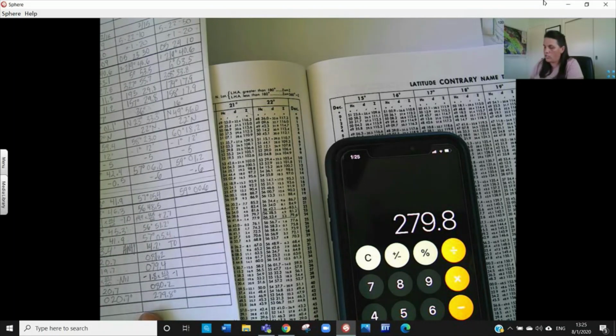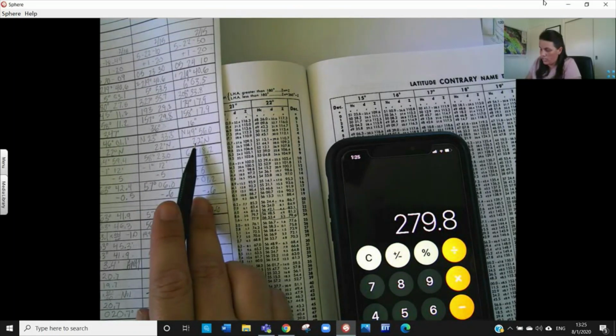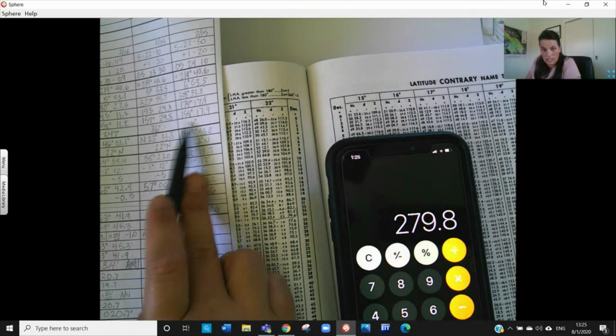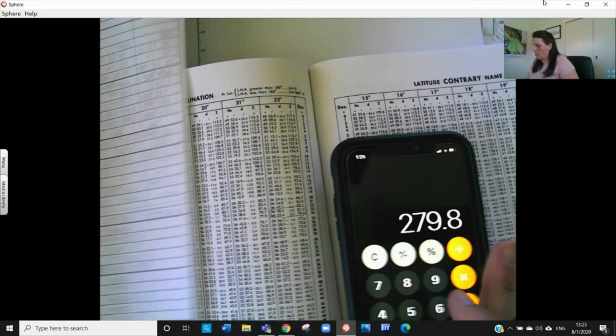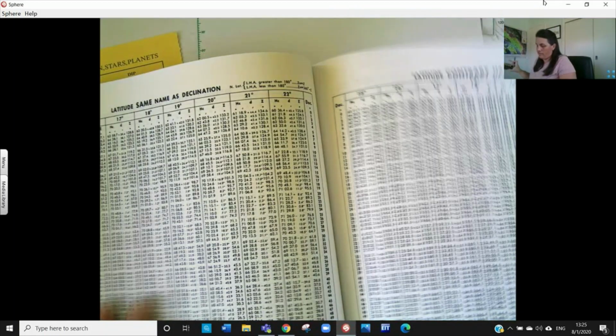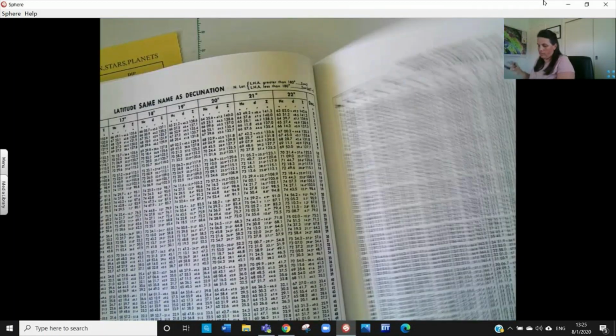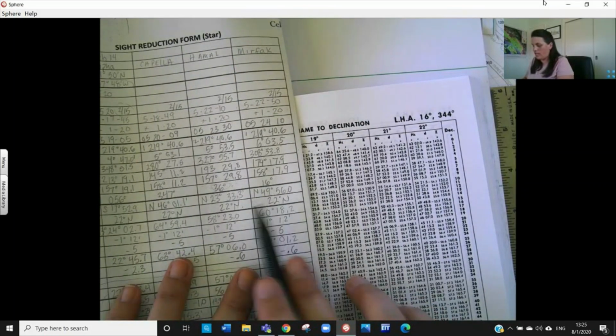And now we are going to do our last one. We are looking for a LHA of 16, latitude 22. Okay, we're at a LHA of 16, and we need to decide if we are contrary or the same.